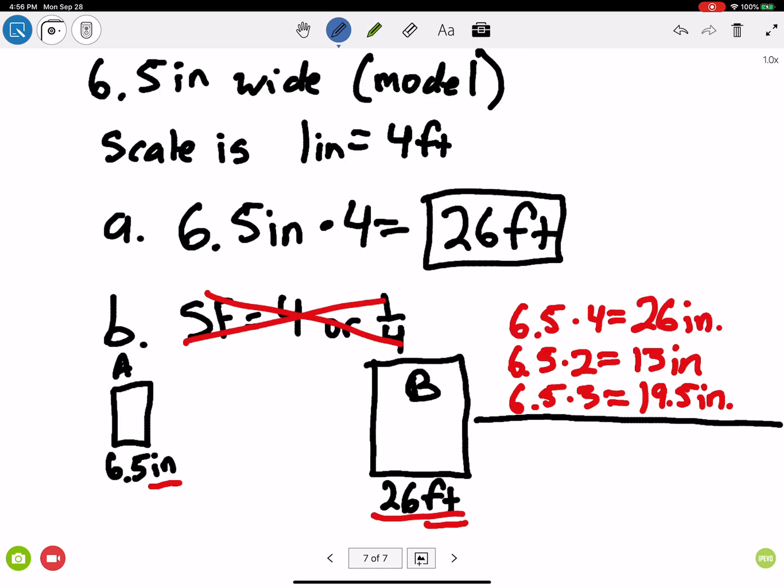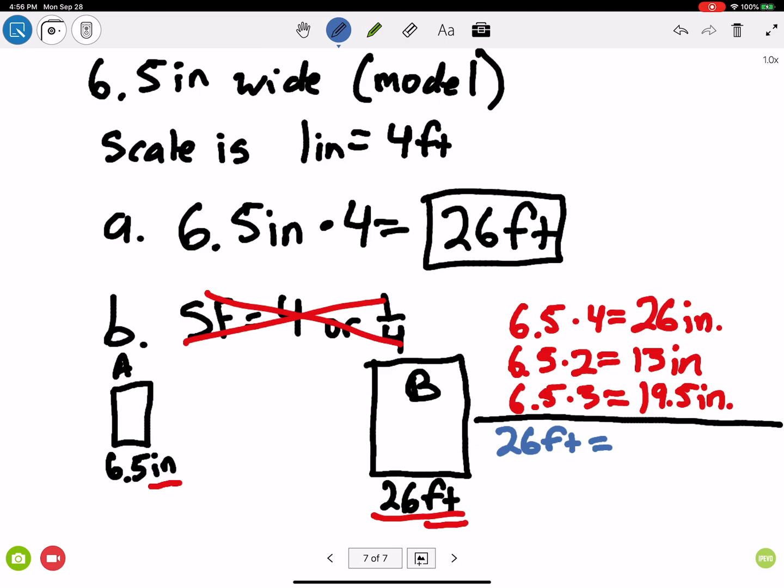Is it gonna be easier for me to change 6.5 inches into feet or 26 feet into inches? That choice is yours. I'm gonna choose to change 26 feet into inches. How do I do that? Well, to figure out how many inches there are in 26 feet, I know that there's about 12 inches in a foot, right?